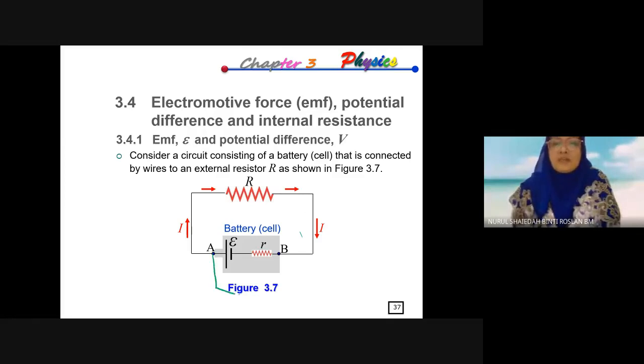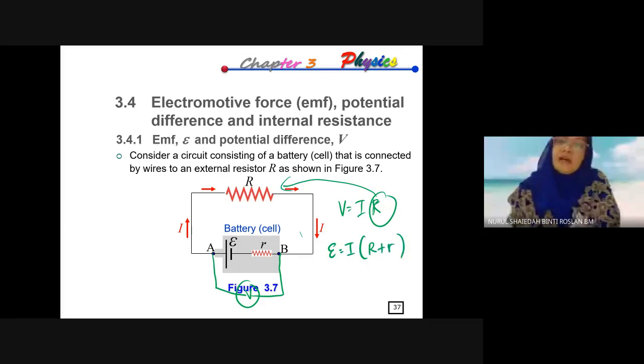Tapi V ni adalah voltmeter, voltage ni, dia hanya lalu external saja, dia tak lalu bateri. So that's why V sama dengan IR, sebab dia hanya lalu external je. Tapi EMF formula dia akan jadi I(R + r), dia akan lalu external dengan internal.